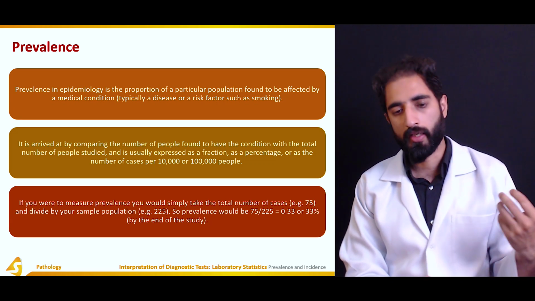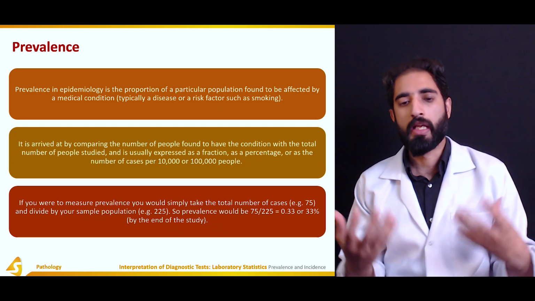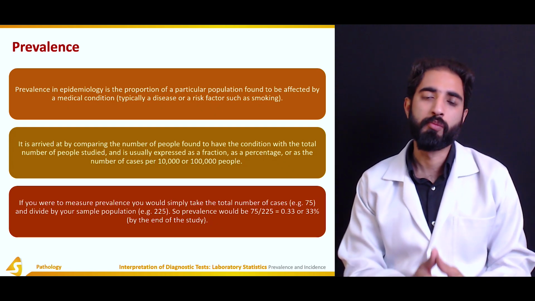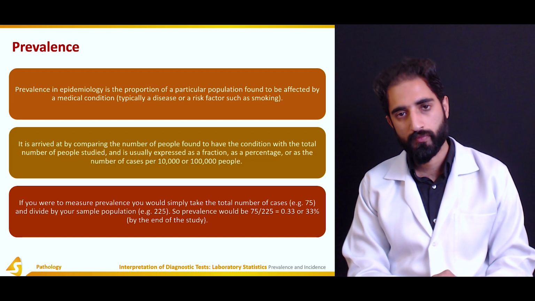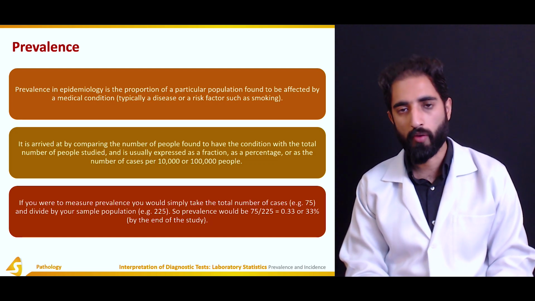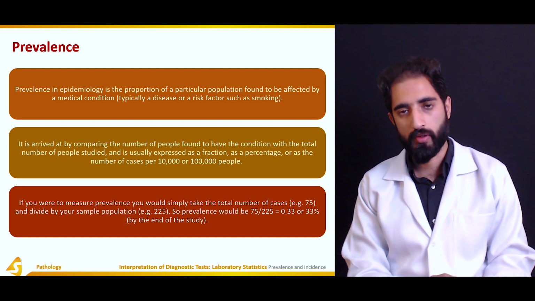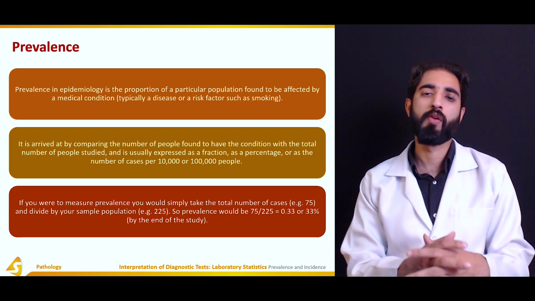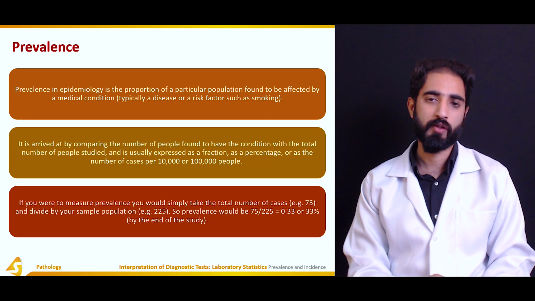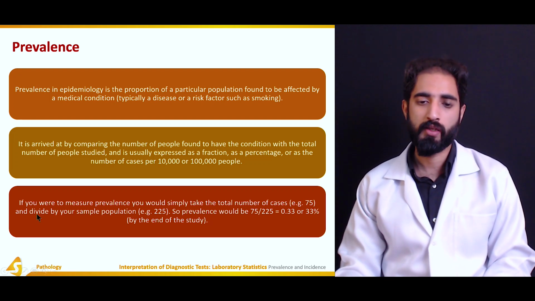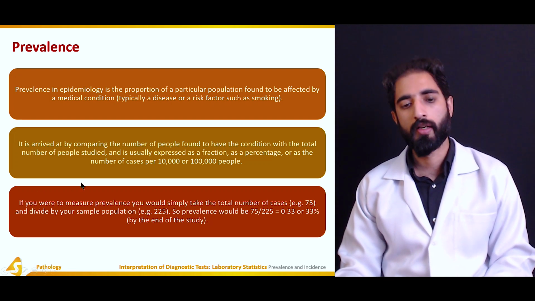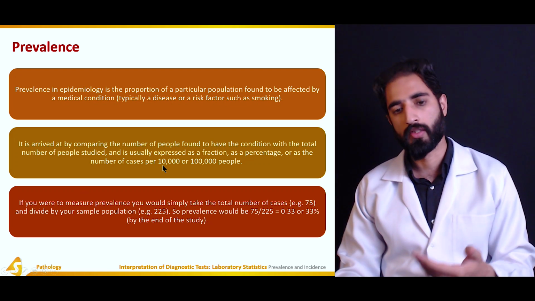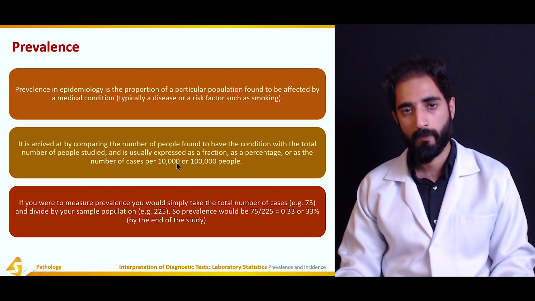So we can say that there were, let's say, 60 out of 10,000 people who had this disease. So it is not necessary that it should be expressed in percentage. It can be expressed in fraction, percentage, or number of cases per 10,000 or 100,000 people. This is specifically done for those kinds of conditions or diseases which are not so common.